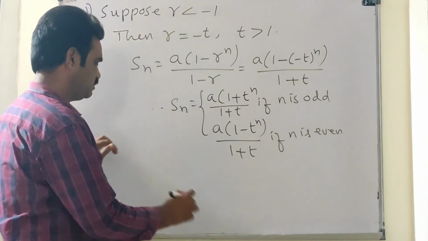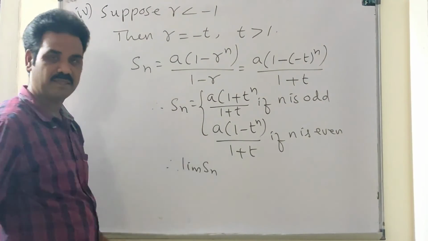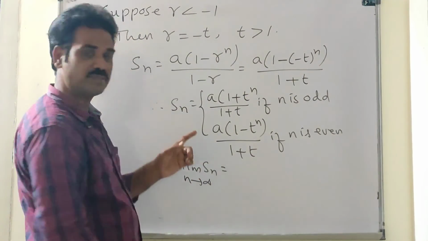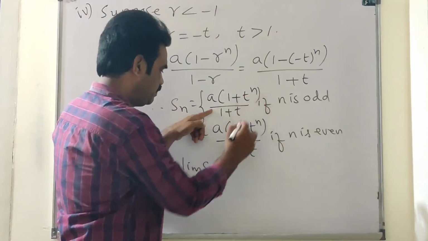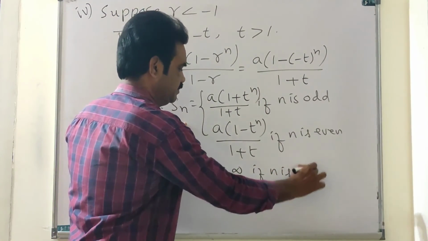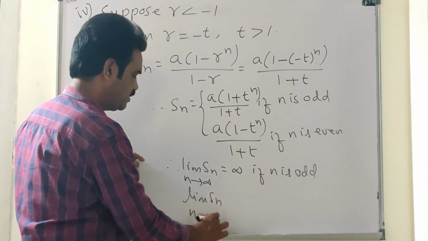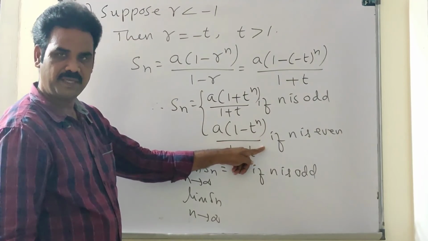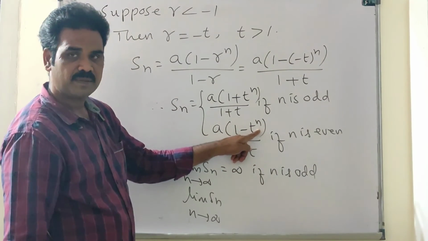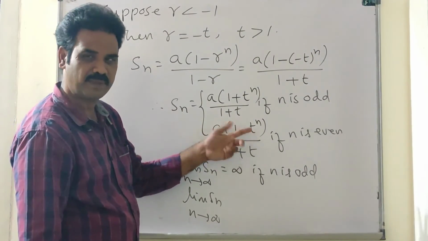Therefore, limit Sn as n tends to infinity if n is odd is plus infinity, and limit Sn as n tends to infinity if n is even, then t power n tends to infinity as n tends to infinity, then 1 minus infinity is minus infinity.